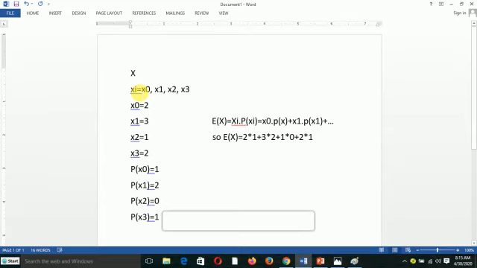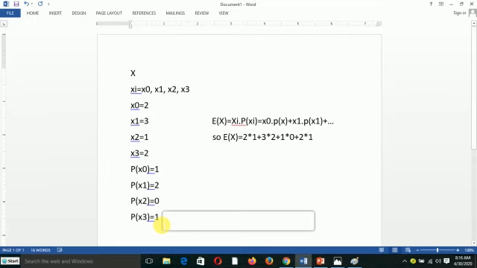Xi can be x0, x1, x2, x3, like this. So x0 can have the value 2, x1 value 3, x3 value 2. The probability to get x0, the probability to get the value 2 can be 1. The probability to get the value 2 here for x3 is equal to 1.